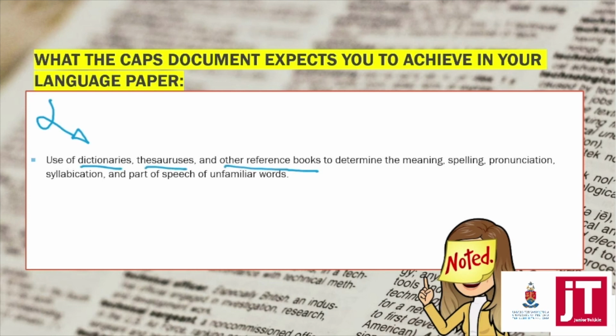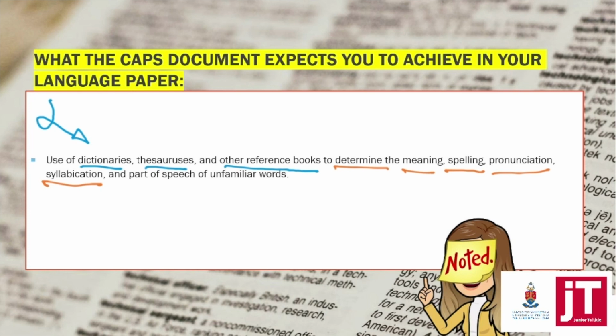They want to give you a word from a reference book and ask you to determine the meaning from it, give the spelling, pronunciation, and syllabication, which just means spelling it out in terms of syllables according to the reference.